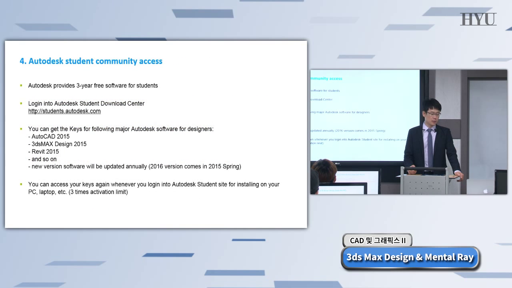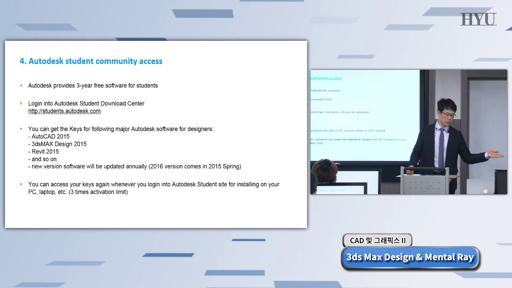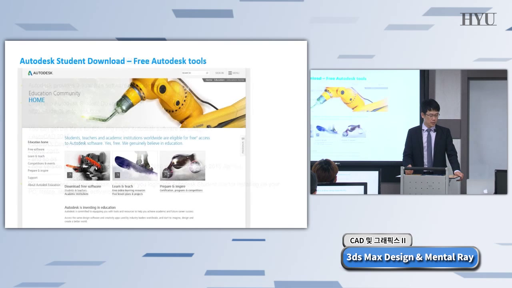We have access to the Autodesk student community for downloading files and getting the serial numbers and CD keys for your new software, including AutoCAD, 3D Max, Revit, and so on. Most of the major applications we're going to use this semester are available in this community, so you need to access it and get the keys and the download files. But actually the files are already downloaded and stored in this 504-main computer, so you don't need to download several gigabytes of installation files.